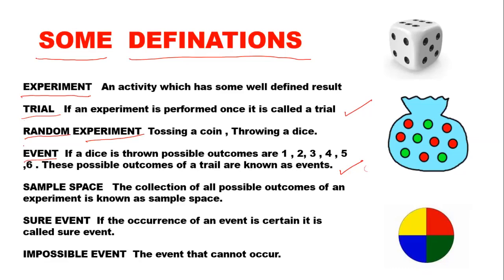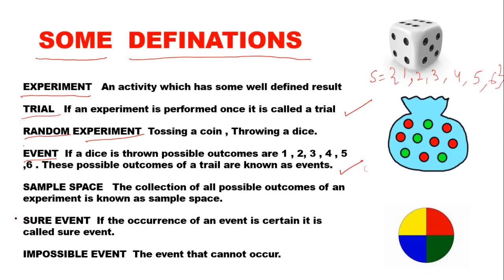Like if we roll a die, what will be its sample space, all the possible outcomes? Getting 1, 2, 3, 4, 5 and 6. This is the sample space of the experiment of rolling a die.